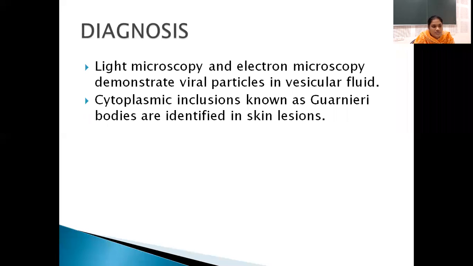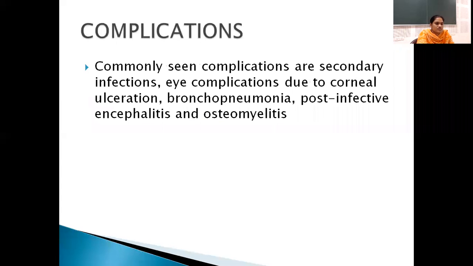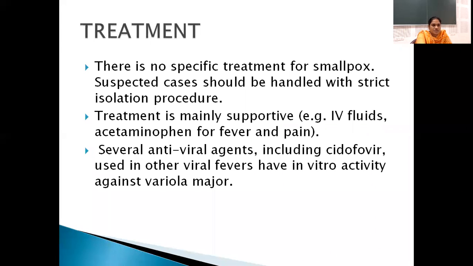The diagnosis is by light microscopy and electron microscopy, which demonstrate the viral particles in the vesicular fluids. The complications are secondary infections, eye complications due to ulcerations, bronchopneumonia, and post-infective encephalitis and osteomyelitis. So for treatment, there is no specific treatment for smallpox.